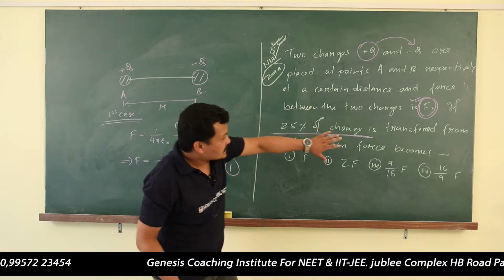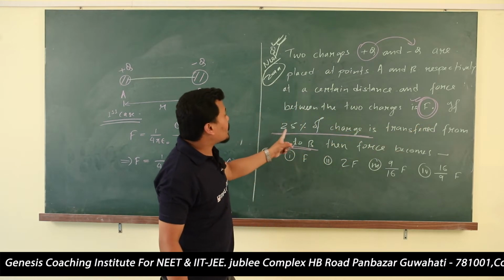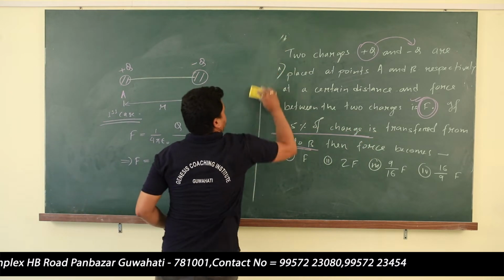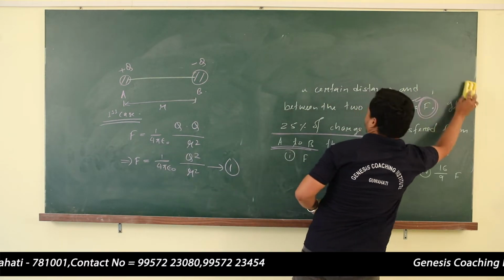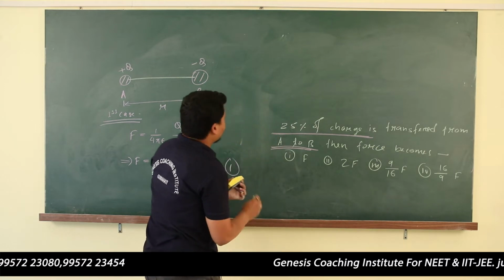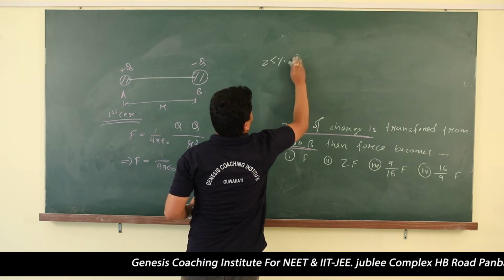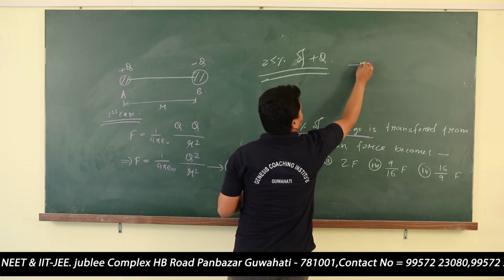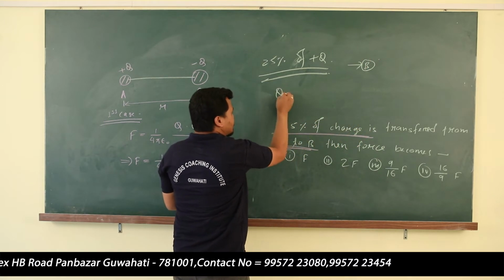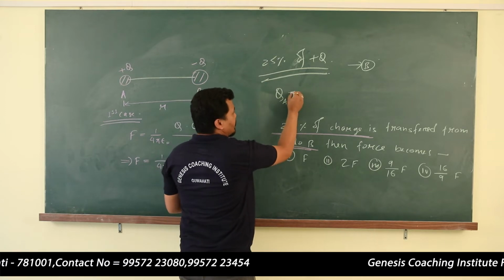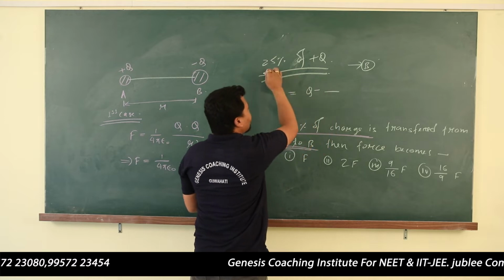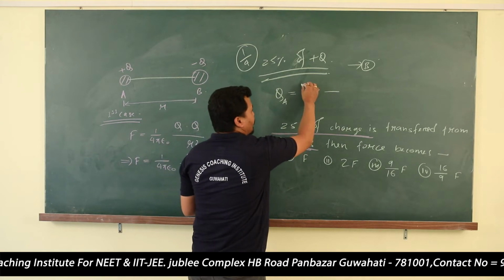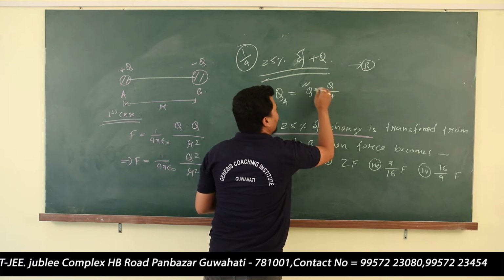Now move to the second condition. The second condition is, if 25% of charge is transferred from A to B, that means 25% of plus Q charge is transferred to charge B. So the new charge at A, QA, equals Q minus 25%, which means 1 by 4th of the original charge, and the original charge is Q, so Q minus Q by 4.